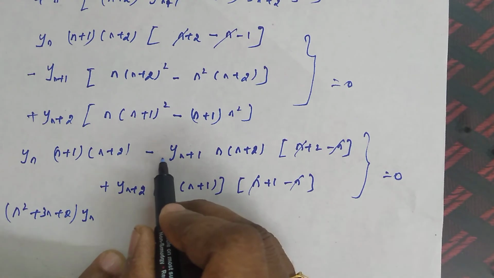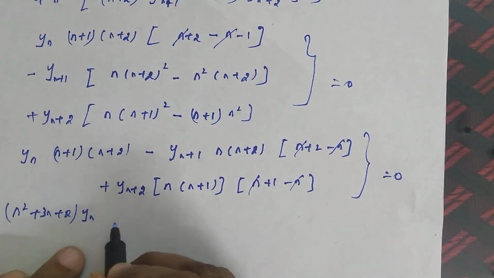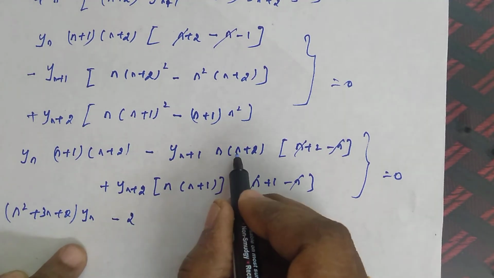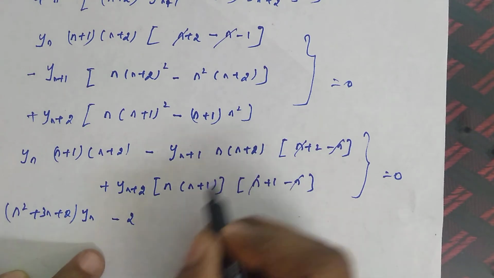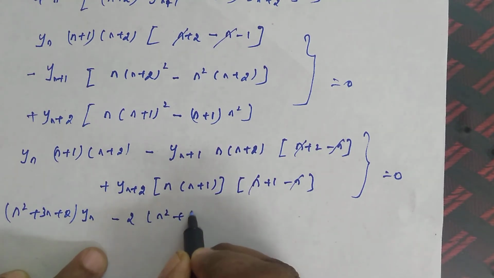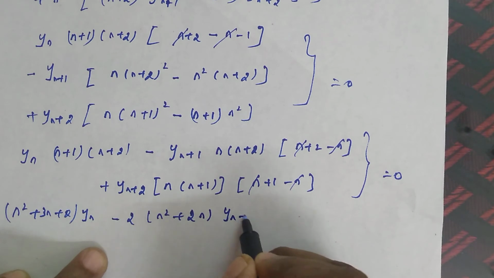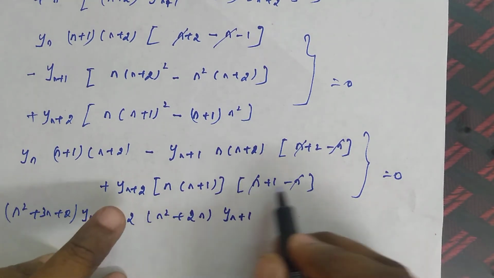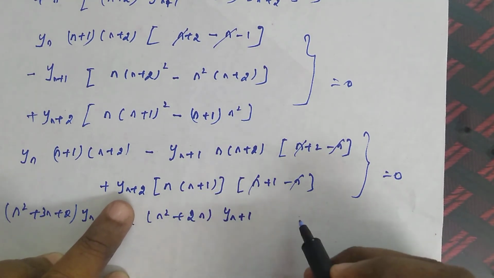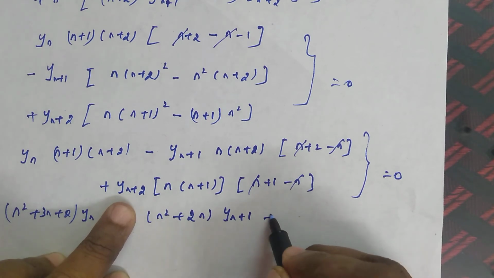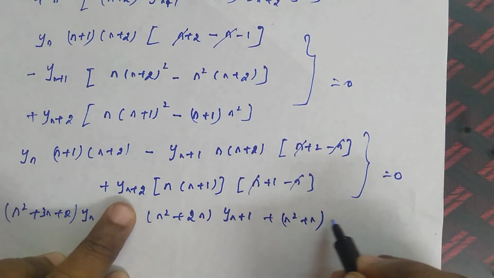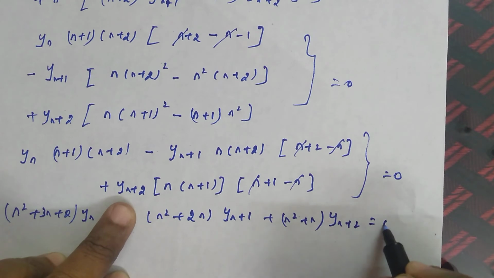So minus 2 into, multiplying these two we get n square plus 2n. So n square plus 2n into y(n plus 1), and then the last one likewise n square plus n. So we get n square plus n into y(n plus 2) equal to 0.